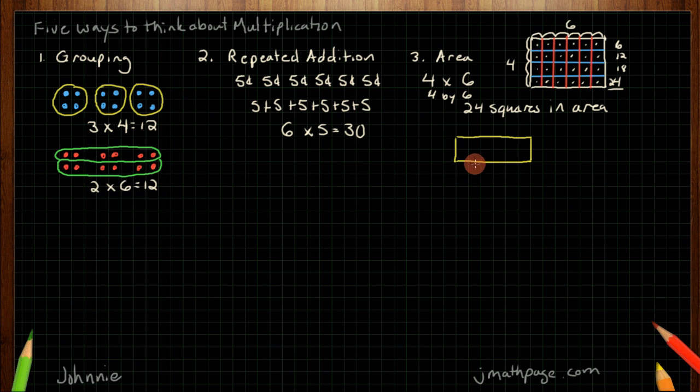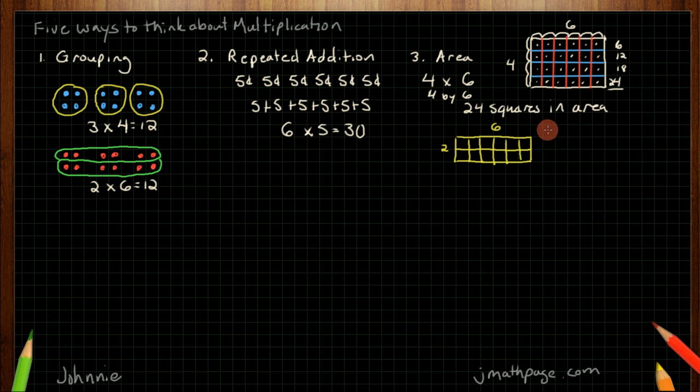What is its measure? Well, if we count over here, we have 2 measures here. If we count across the top, we have 1, 2, 3, 4, 5, 6. 6 measures across the top. So I can say that a 2 by 6 rectangle gives us 6 and 6 more squares.